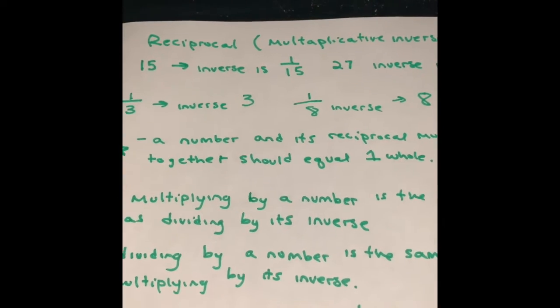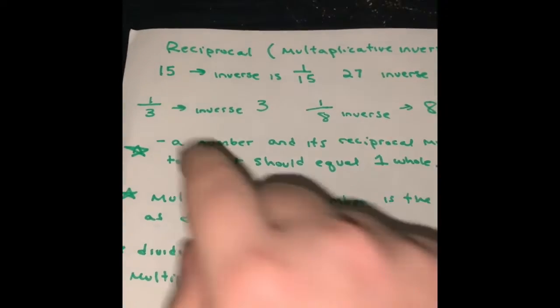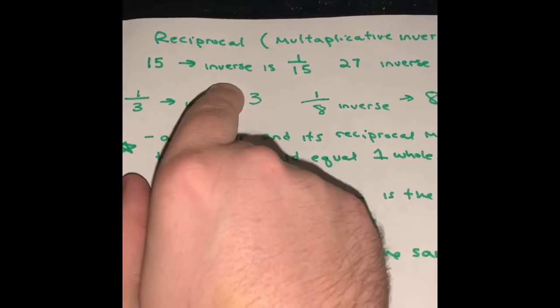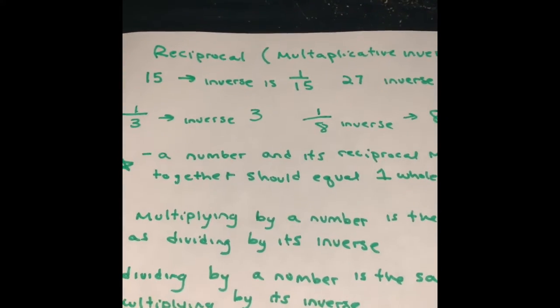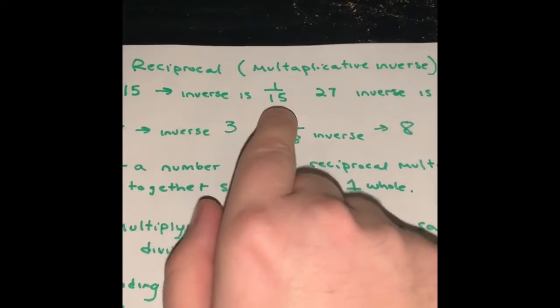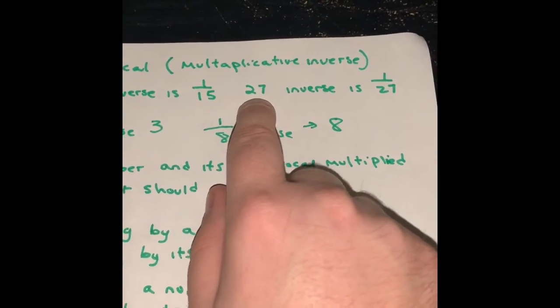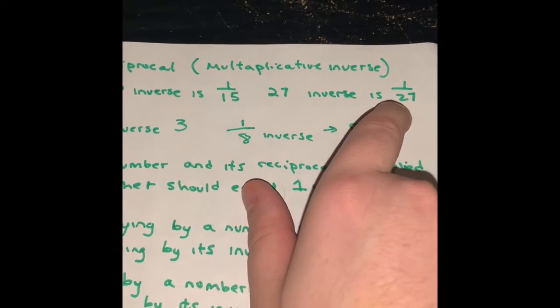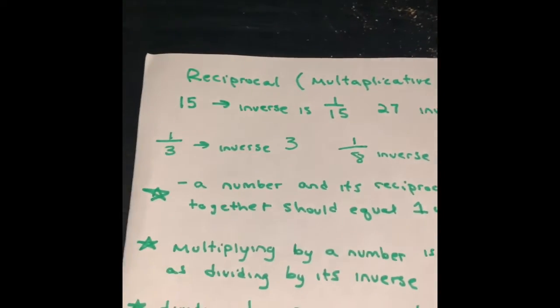And this is something that's really, really easy once we grasp the concept. So let's say we have a number like 15. The inverse, or reciprocal, they're the same word, I'm using them interchangeably, would be 1 over 15. So if we had 27, our inverse or our reciprocal would be 1 over 27. Now we're going to think about it the other way.